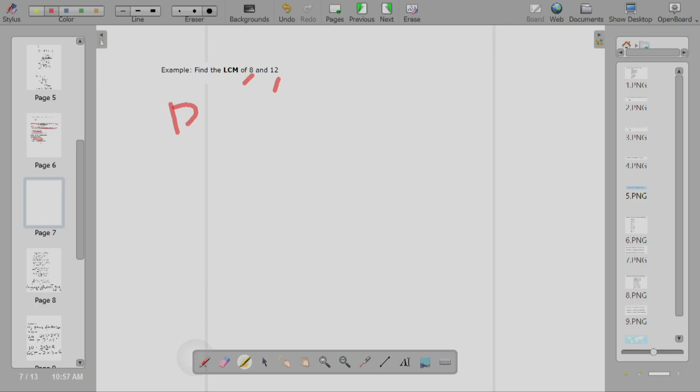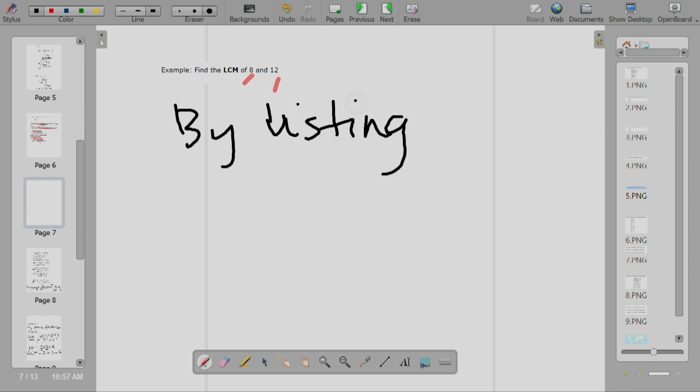Let's start with the method of listing multiples.